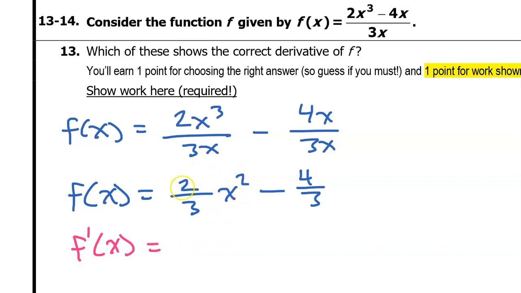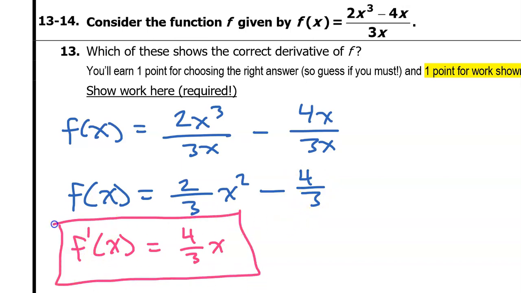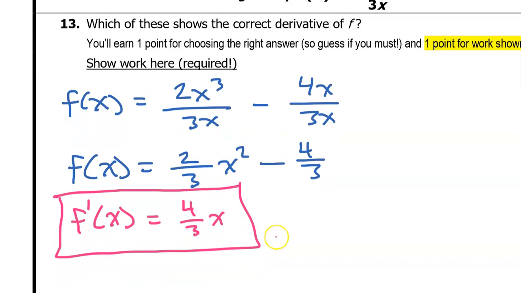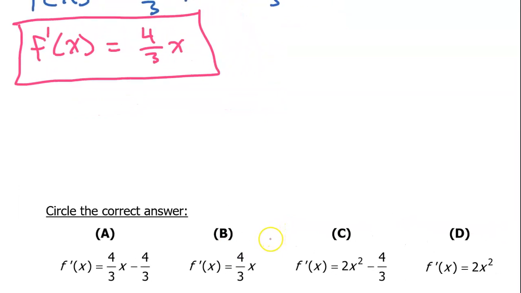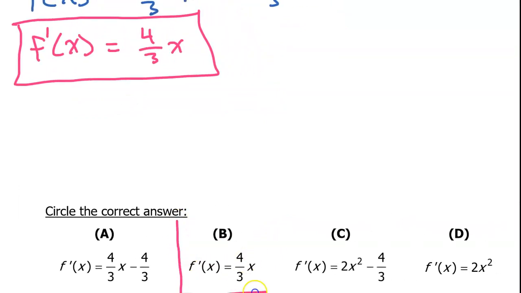So this 2 is going to multiply by the 2/3, and that will be 4/3. And reducing the power by 1, I have 4/3 x. The derivative of a constant is 0. So this is just it. F prime is 4/3 x. So this is a multiple choice question, so let's just look down and see what we see. And the correct answer is B.